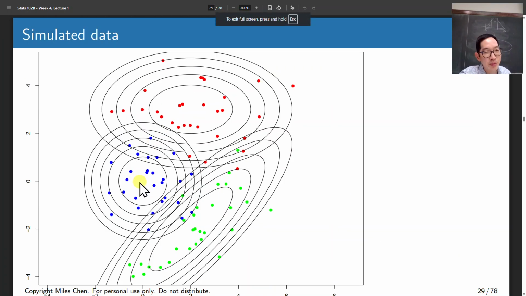Okay, so class A is in red, and the center of its distribution is around 2, 3. Class B is in blue, center is around 0, 0, and class C is in green at 2, -2.